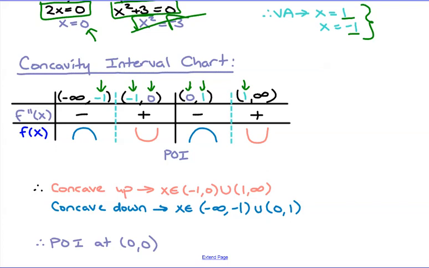I'm going to test them in my second derivative function to see where it's going to be concave up and concave down. So it looks like concave down in the first and third regions, and then concave up in the second and the fourth regions. Now, let me just show you, we're going from a concave up to a concave down right in the middle there, that's going to be a point of inflection.